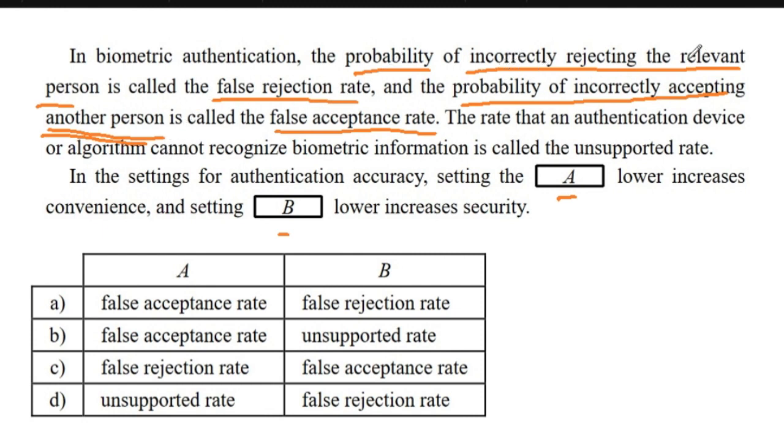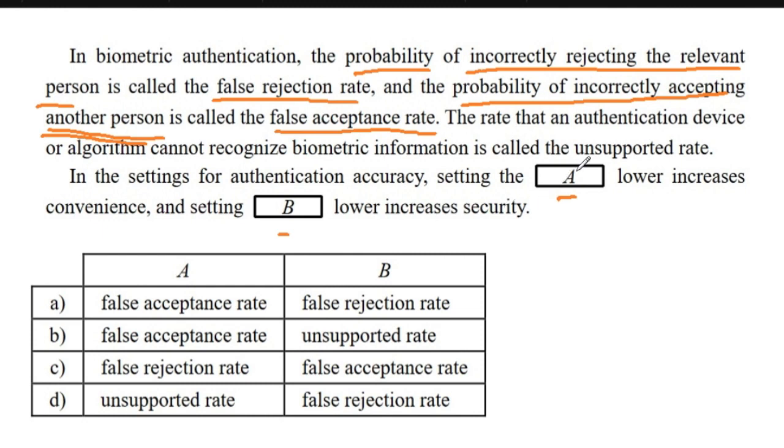The first one, incorrectly rejecting a person, the relevant person, and incorrectly accepting another person. And what we want is to lower both of these so that we increase convenience and increase security. So which one should go in blank A and which one should go to blank B?